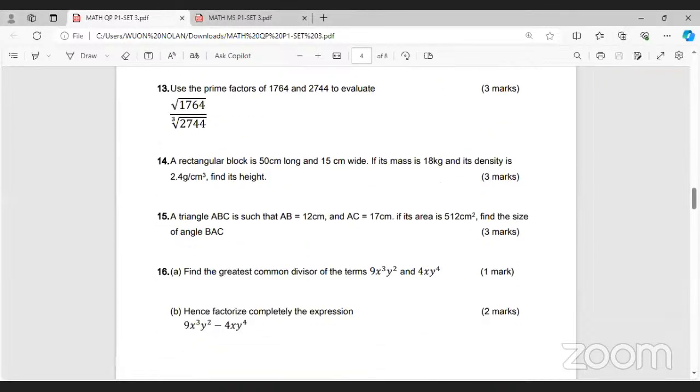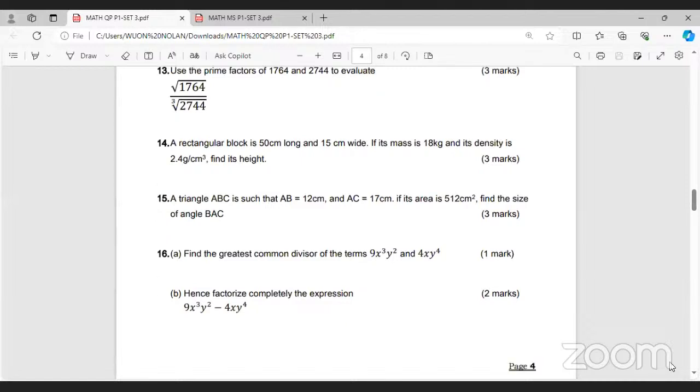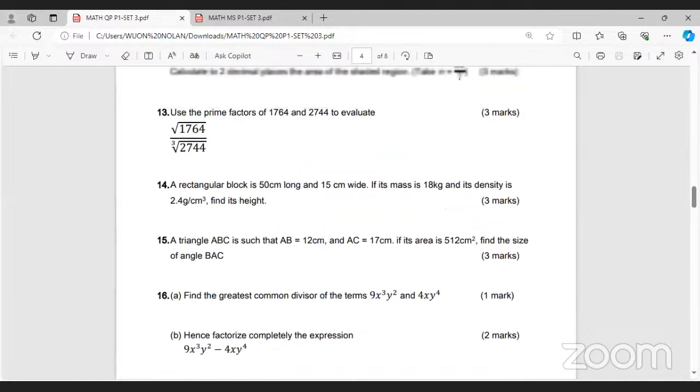We move to number 13. Number 13, use prime factors of 1764 and 2744 to evaluate the square root of 1764 over the cube root of 2744. That question is 3 marks. Let's do it.